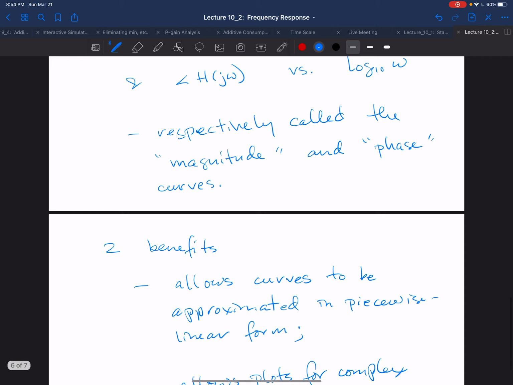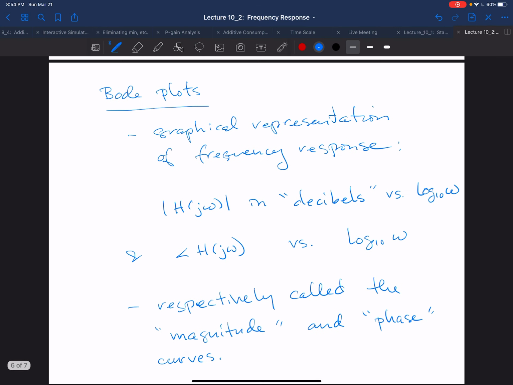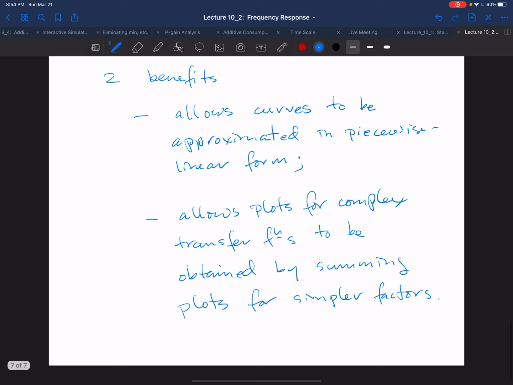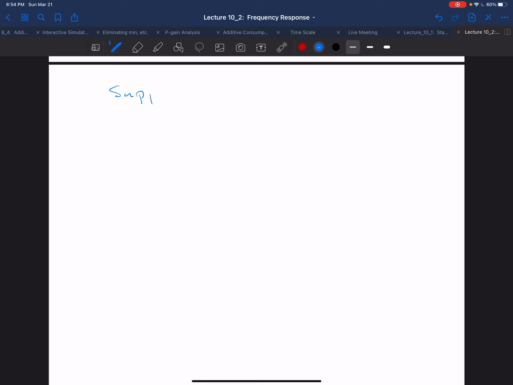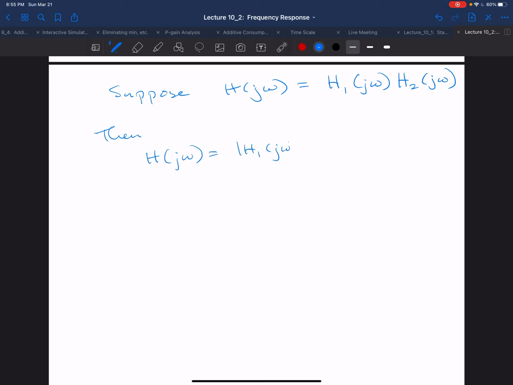It's relatively easy to see why that works with the phase curve. So suppose H(jω) is the product of the frequency responses corresponding to two simpler transfer functions, H1(s) and H2(s). Well, then we know we can write H1 and H2 in this sort of polar form.